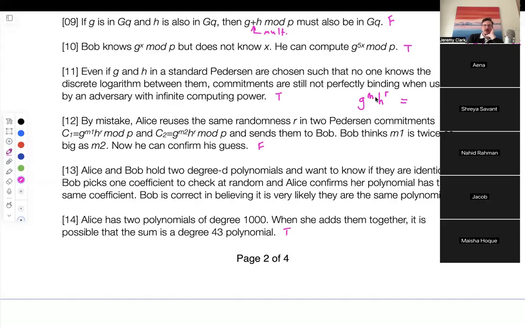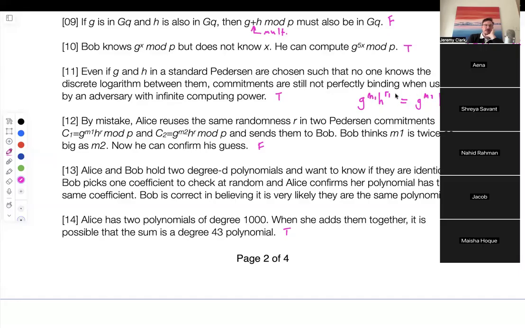There will be some other M and R pair such that these two equal each other. And that means it's not binding. In theory, you could open it up to M1 and M2.